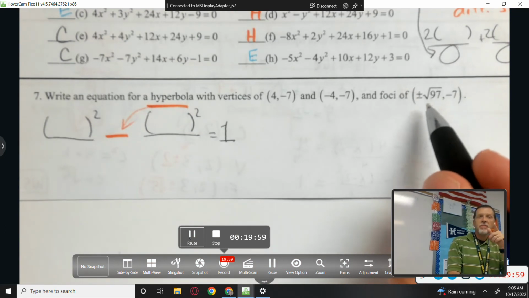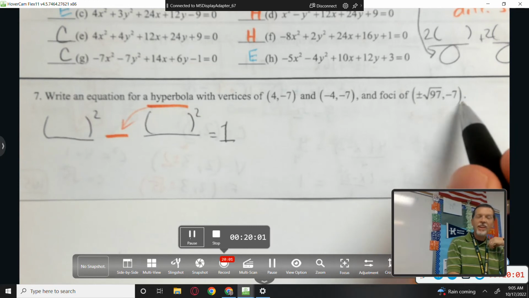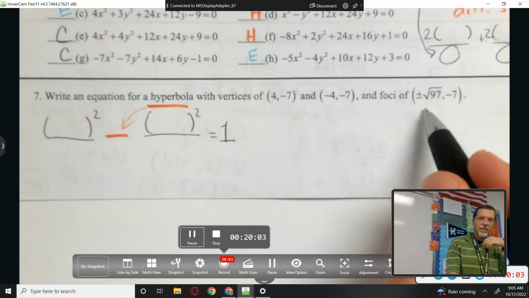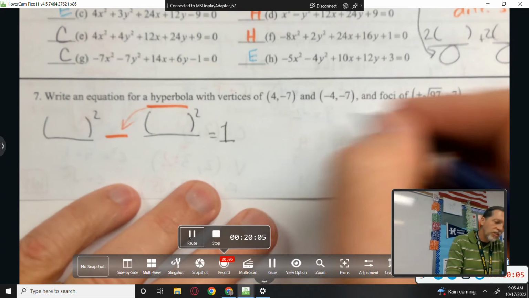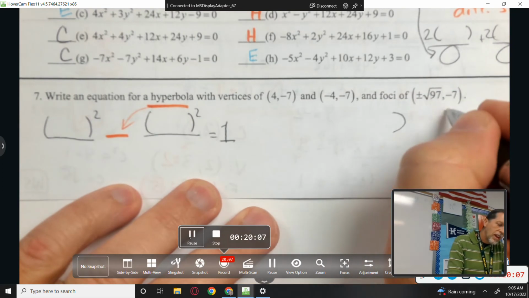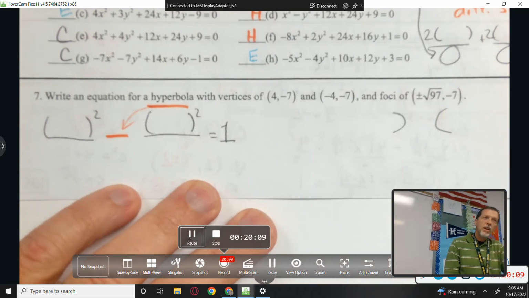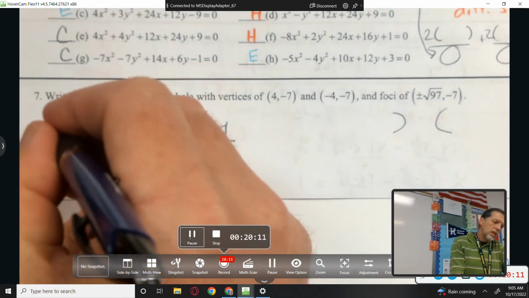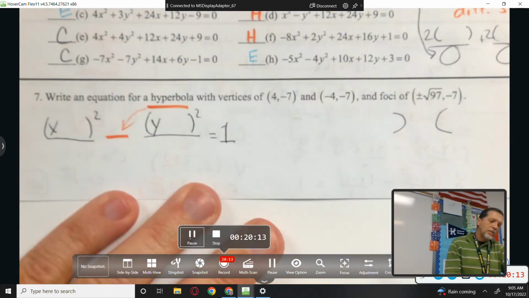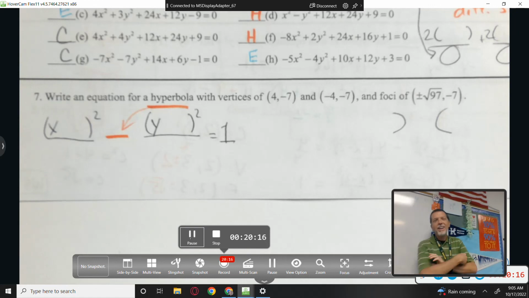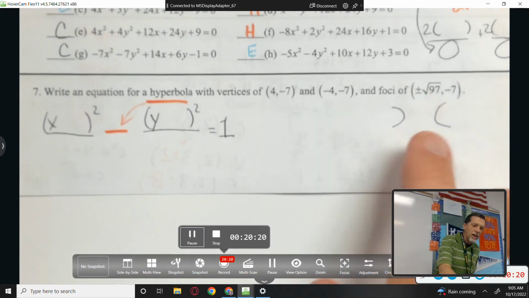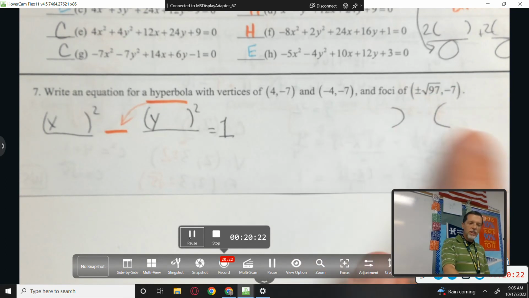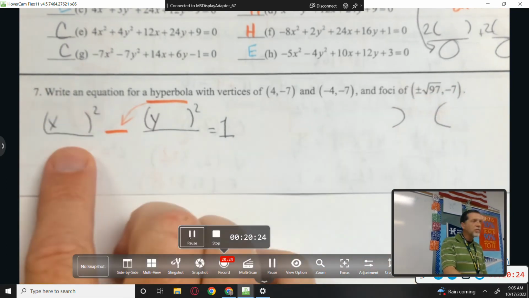So, what does that mean? The fact that it's not on the y, it's on the x. So the x is changing. But it's like the same, so it's like 0. So let me slow down here, but yes, you guys are right. The x coordinate is changing, which means it's left and right, which means the x comes first.